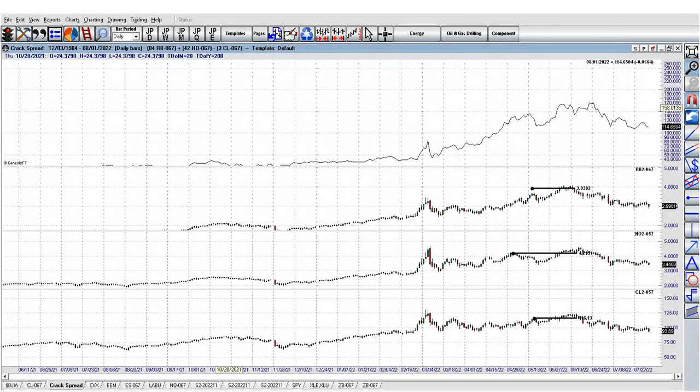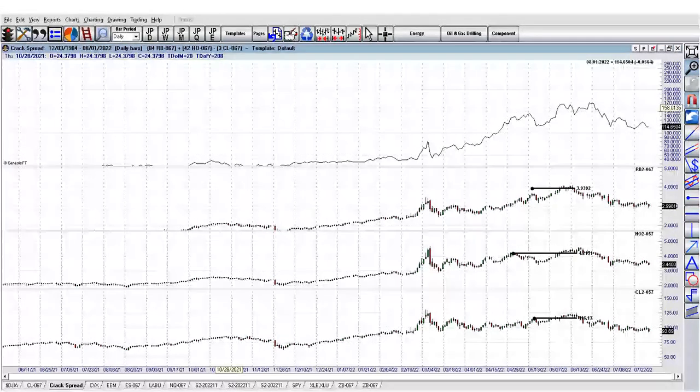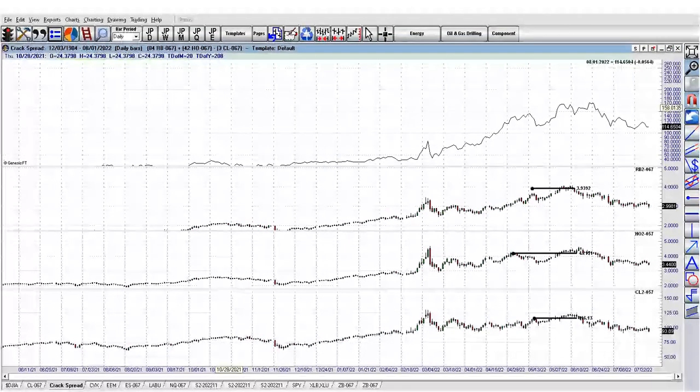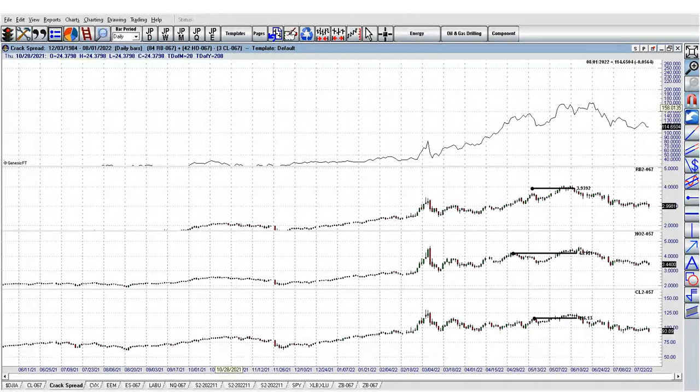So grain traders and farmers will look at the ratio or the spread, the difference between meal and bean oil, as a gauge of demand for soybeans.